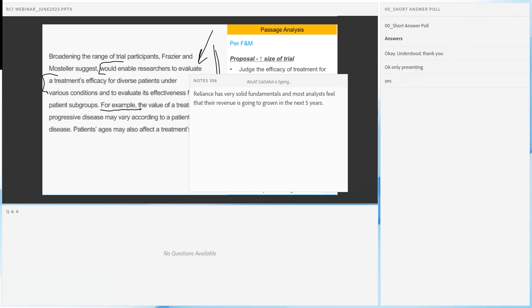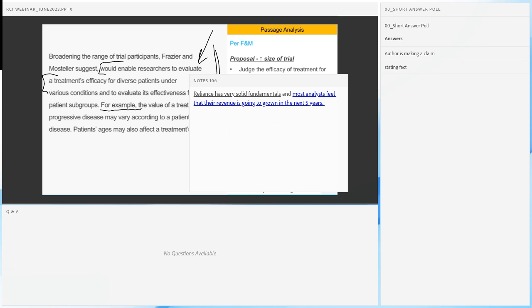So as an author, what are you doing in the bolded part over here in black? And what are you doing here in blue? No, you're not stating a fact, you're making a claim. Reliance has very solid fundamentals, as an author you are making a claim.